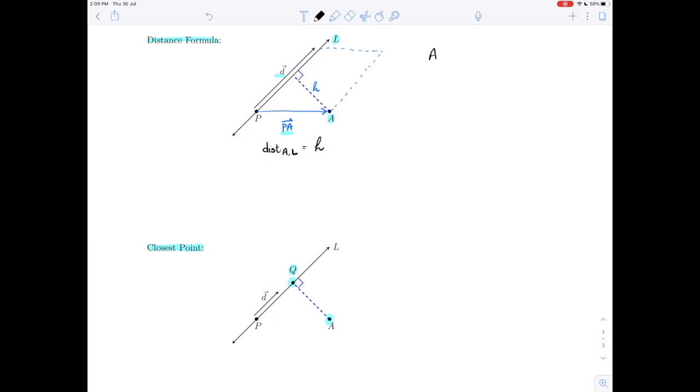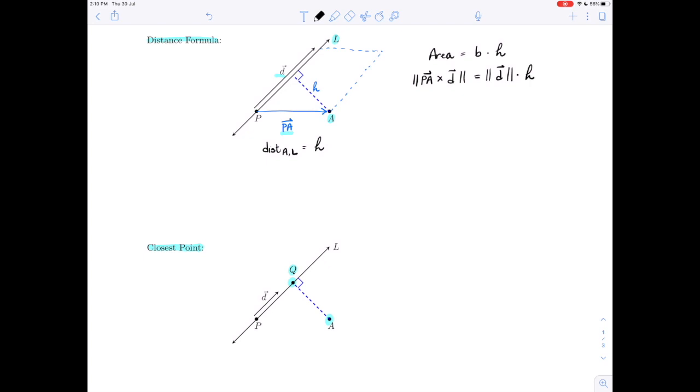Now, we know something about the area of a parallelogram. It's the base times the height. And in your unit on vectors, you had this formula: the area of a parallelogram is the norm of the cross product of the vectors that make its sides. So the area is the norm of PA cross D. The base, we're going to take here as our vector D, but it's not the vector D, it is the length of D, times the height.